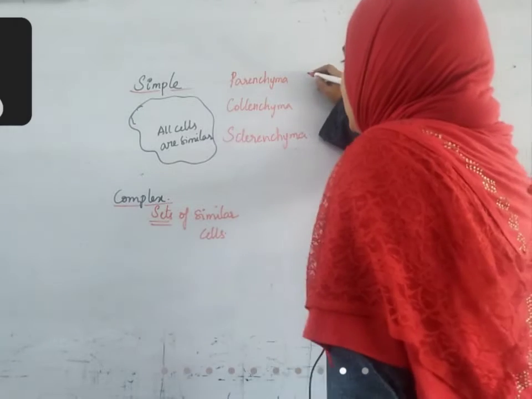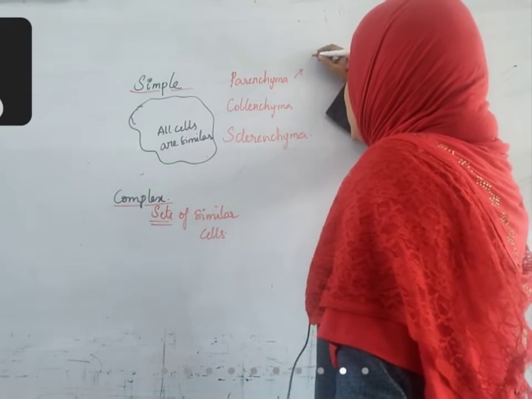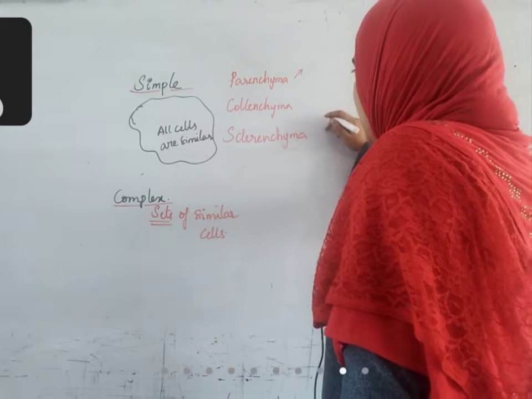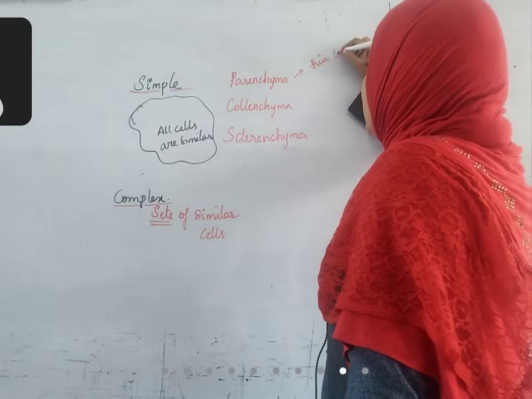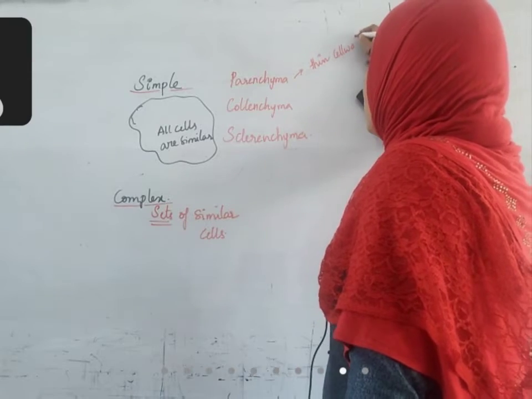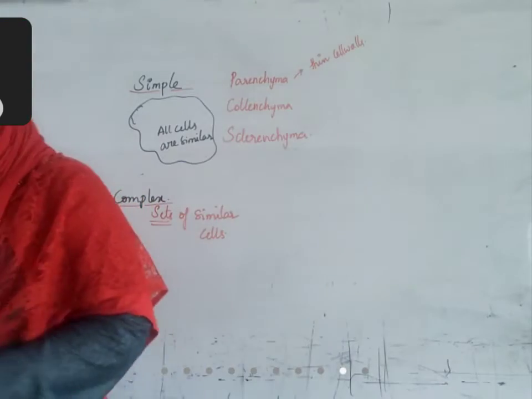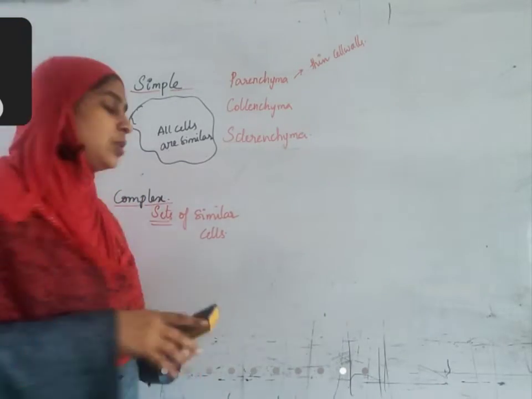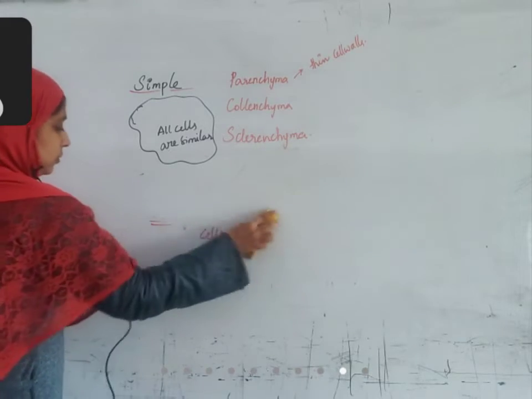Parenchyma are those cells which, compared to collenchyma and sclerenchyma, have thin cell walls. Okay, we'll do one thing. We'll write in a tabular form. That will be more convenient for us to understand, and also to memorize.